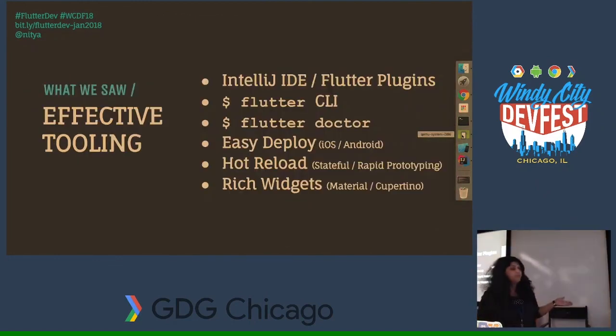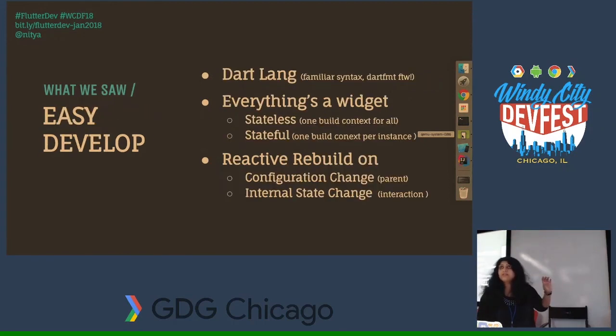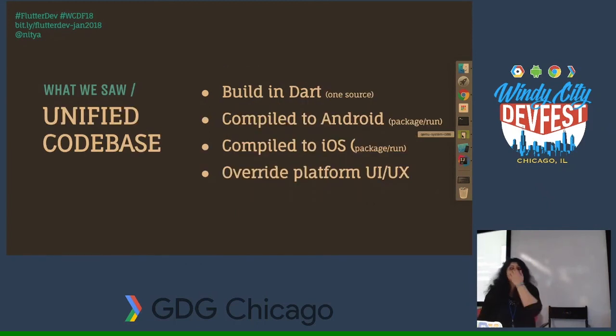Let's recap. Hopefully what you saw today: effective tooling, good IDE, command line tools, hot reload, rich widgets, easier to develop, Dart language if you can swallow it, that's the only thing. Everything's a widget. Reactive rebuilds will happen based on configuration changes or initial state change from within the widget itself.